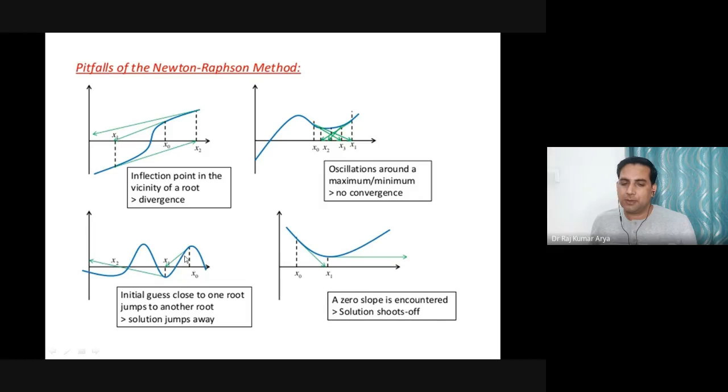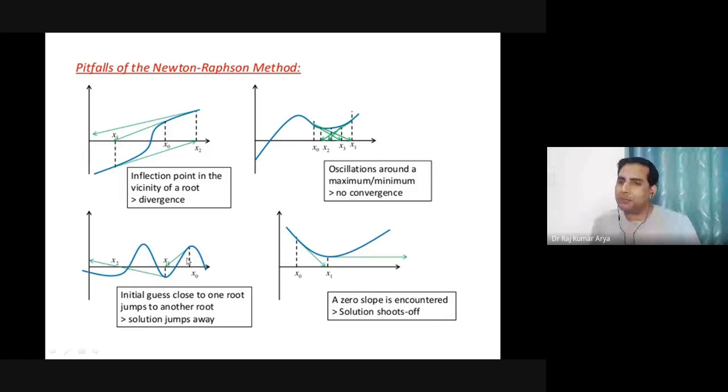You took this guess, and you had a root here, right? This was one of the roots. Correct or not? Now from here you went to the new position by tangent. From here you have drawn the tangent and moved somewhere very far away. So you went outside the root zone also. Correct or not?